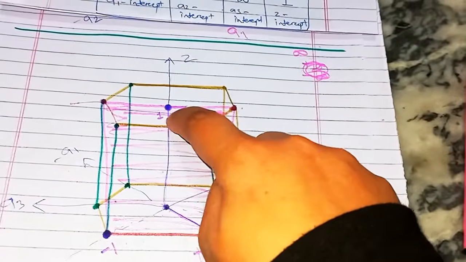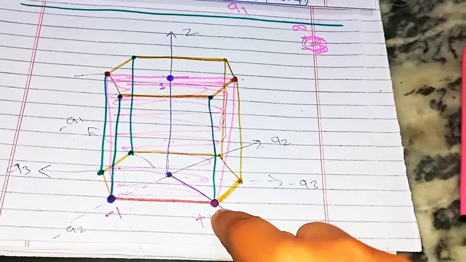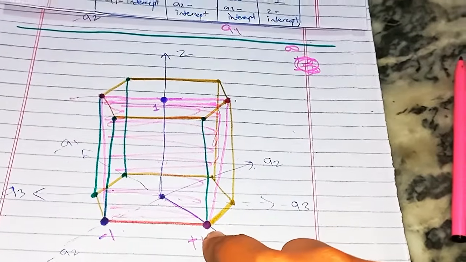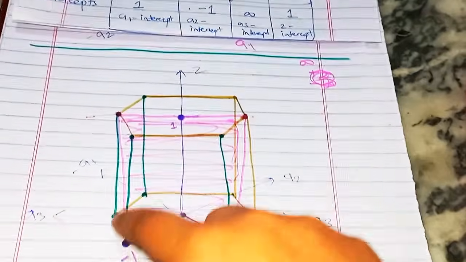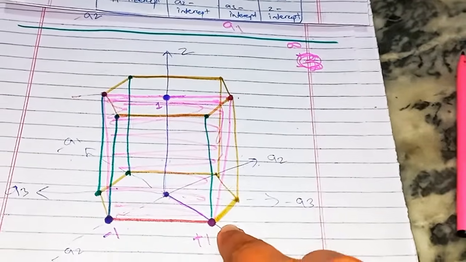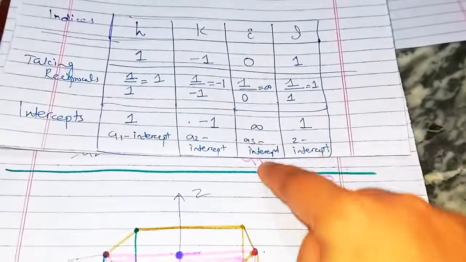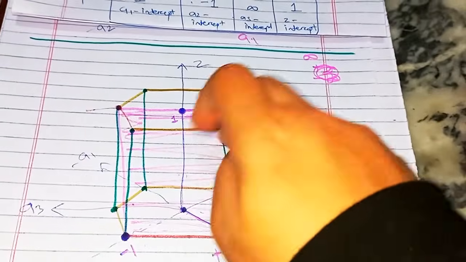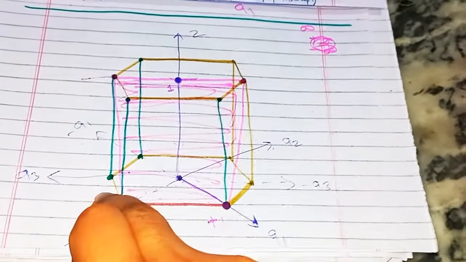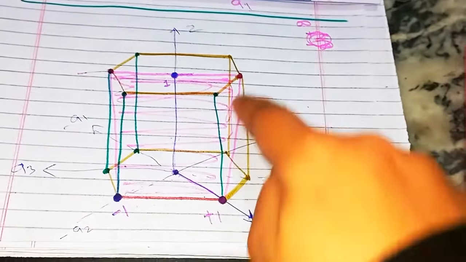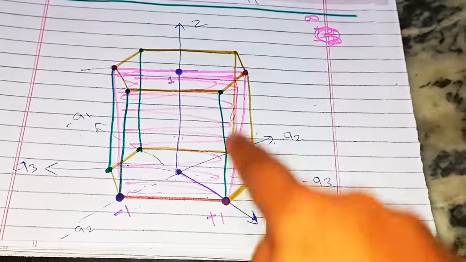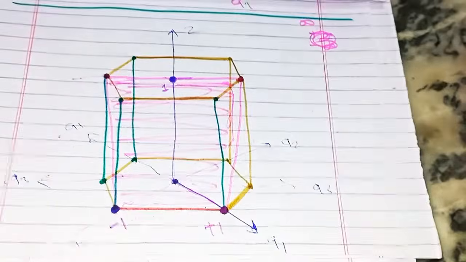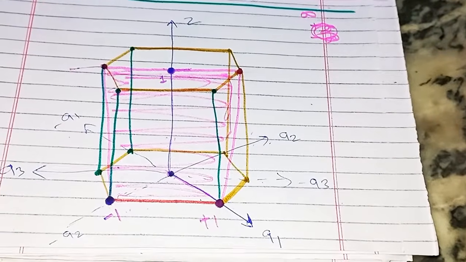We found this point, and this point, and we had another intercept here which was infinity. So from each of these points we have to draw parallel lines along this infinity direction. We drew the parallel lines, and then we joined all these final points together to form a closed figure. So we join this, and we get the final figure.